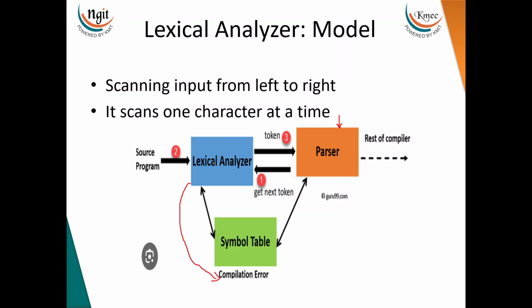If there is no lexical error, it converts the source program into a stream of tokens, and those tokens will be forwarded to the next phase, the parser. Who called the lexical analyzer? The parser. At the end of the get next token function call, the lexical analyzer returns the tokens to the parser. Then the parser starts checking whether the statement is syntactically correct or not.